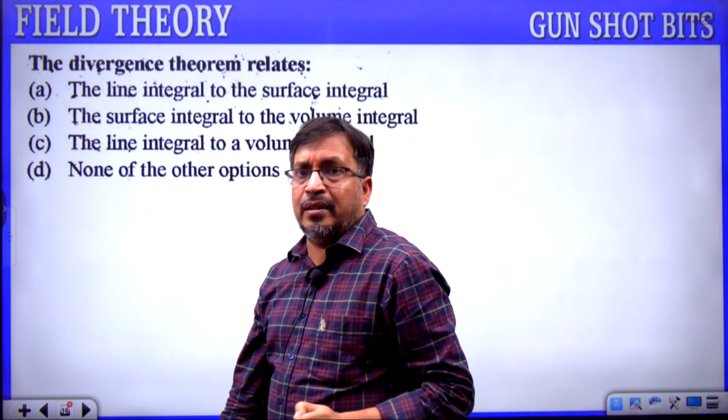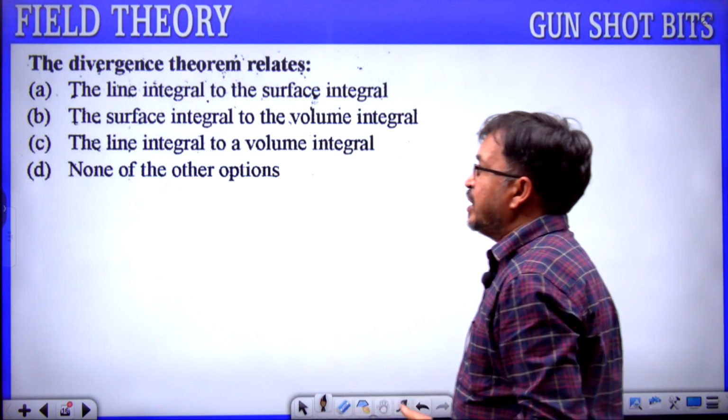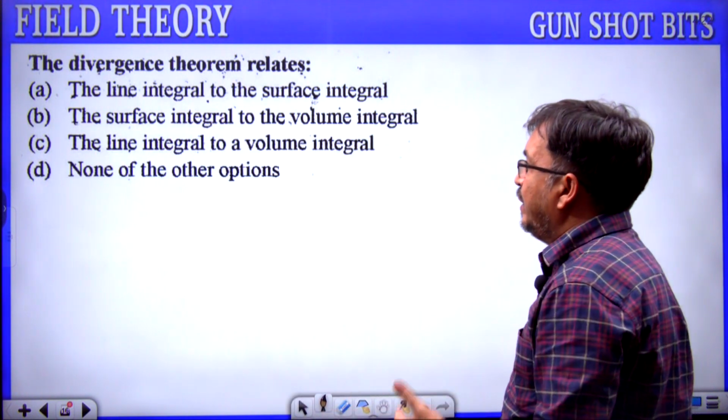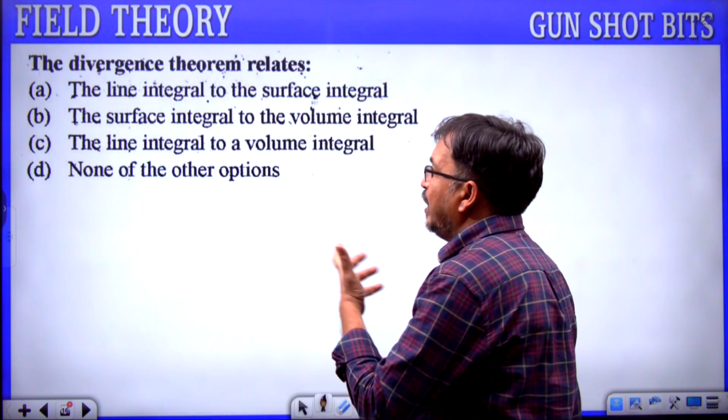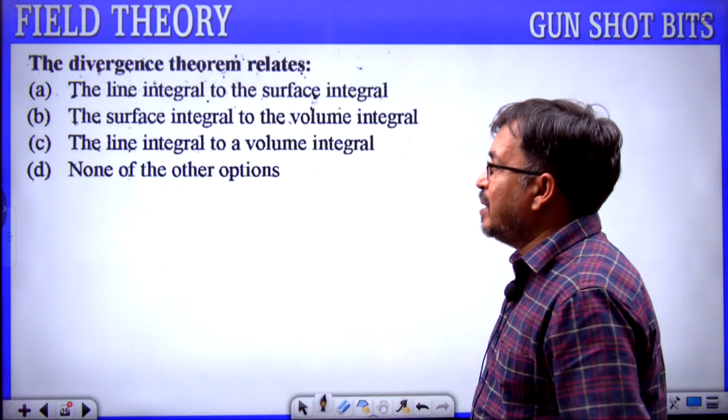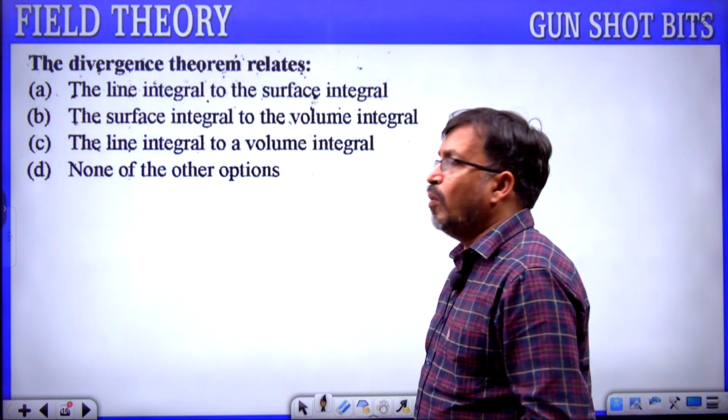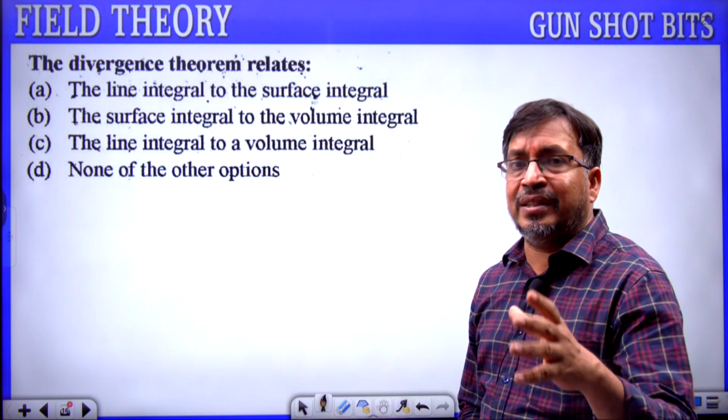Next question: divergence theorem relates to option A, line integral to surface integral; option B, surface integral to volume integral; option C, line integral to volume integral. What is divergence theorem?